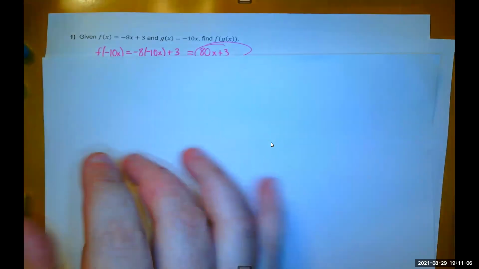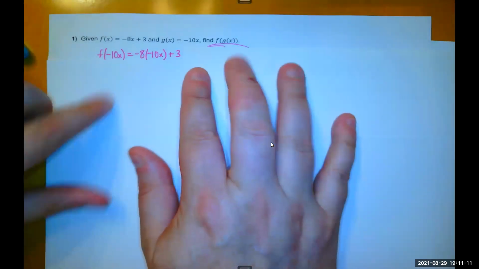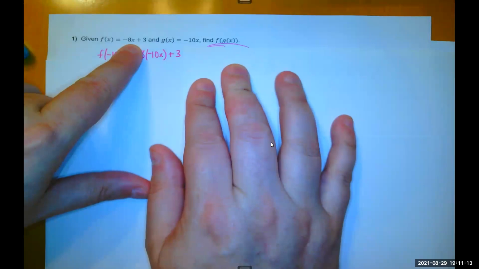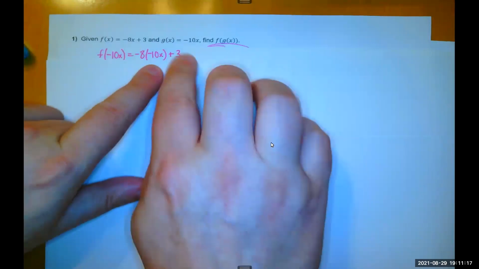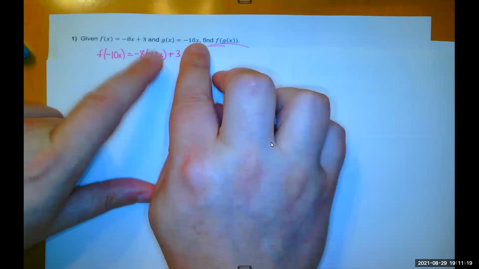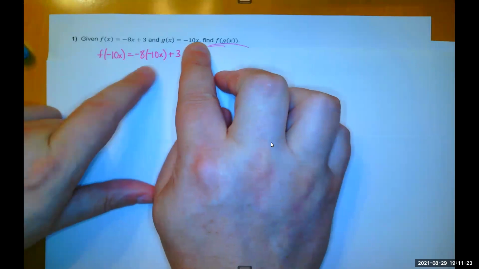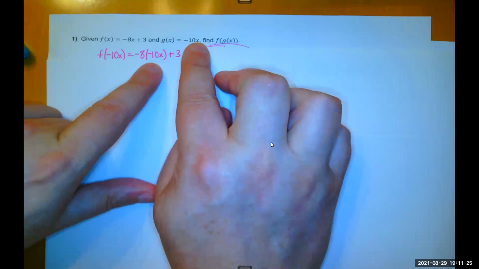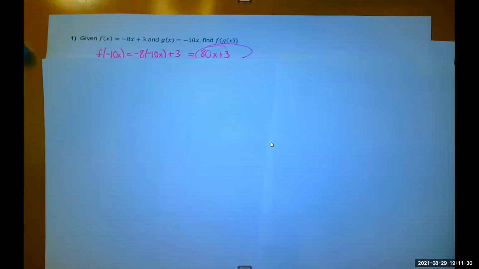So notice how I've got, in place of the x being multiplied by -8, -10x. That's because it says g is -10x. So -10x occupies the x spot, it replaces x. So I have -8 times -10x plus 3. When I multiply, I have two terms, positive 80x, positive 3. Those are not like terms, so I do not combine them.